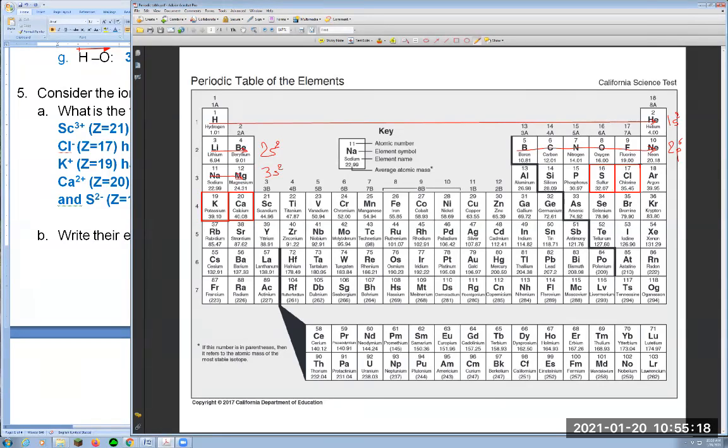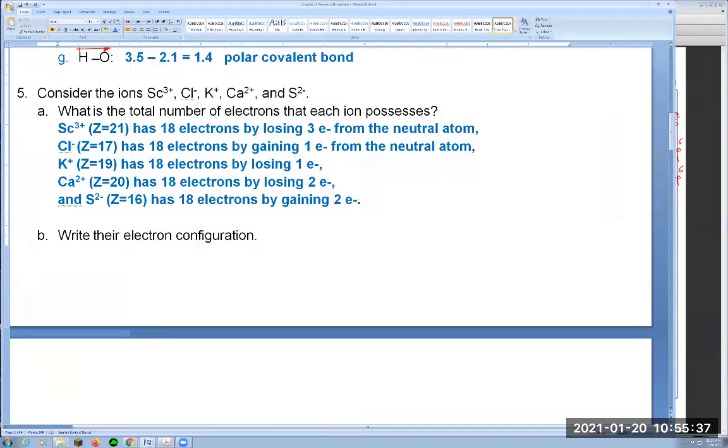That's 12 electrons in total. And then we will go all the way to argon to get 12 plus 6 more from the 3p6. And that's 18.